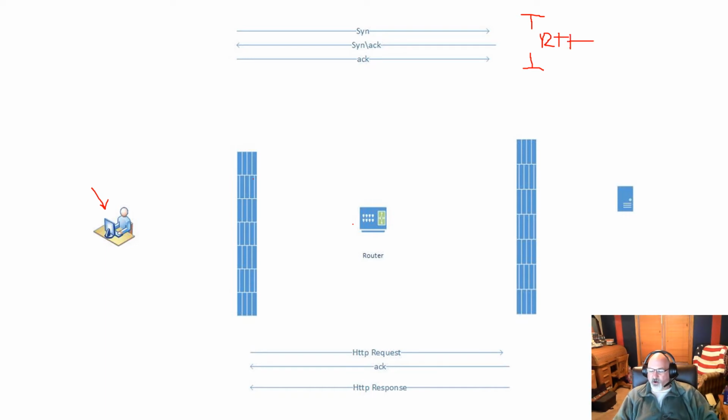This tells you how well that network's responding. If I get my SYN-ACK back really quick, let's say 25 milliseconds, then I know that connection to that server, going through routers and whatever else, is getting a reply back pretty darn quick.